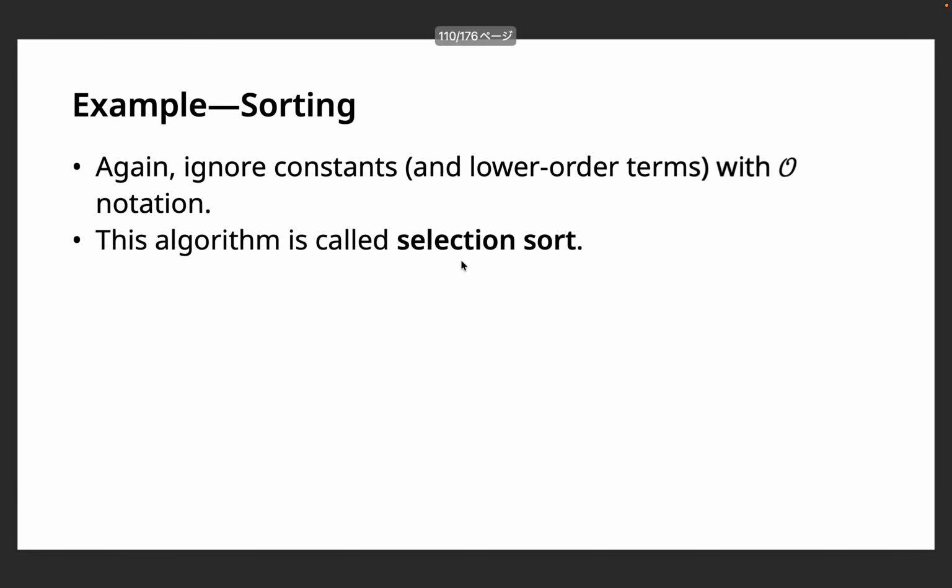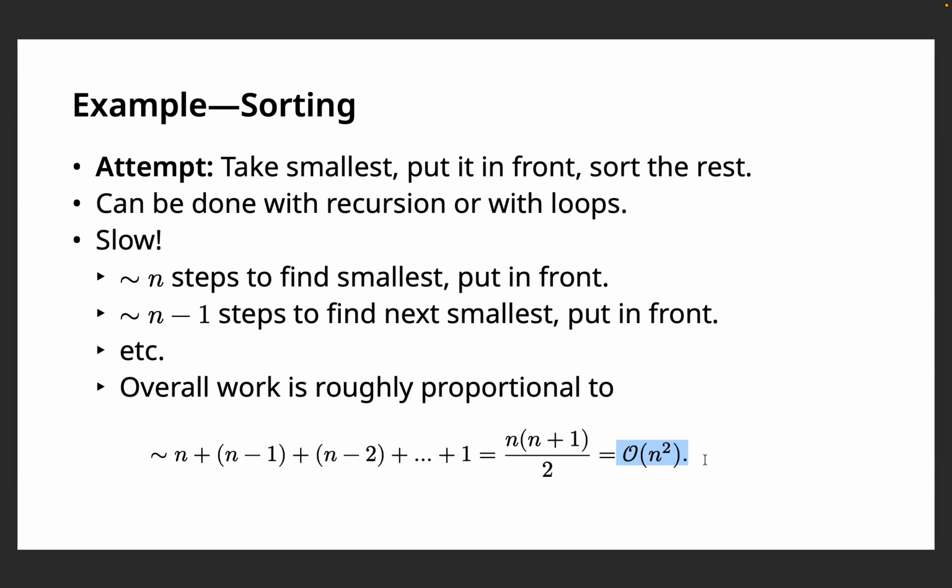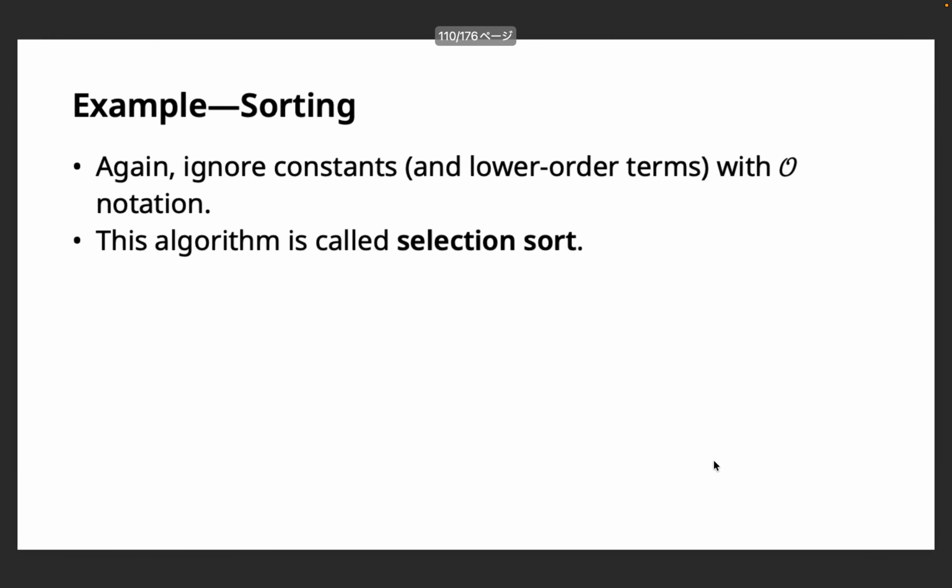This is also kind of how you would sort, say, playing cards. If you're given a hand of cards, you take the smallest one, put it as the leftmost card of your hand, then you sort the remaining elements. So that's selection sort, and selection sort is quadratic, so it's pretty slow.